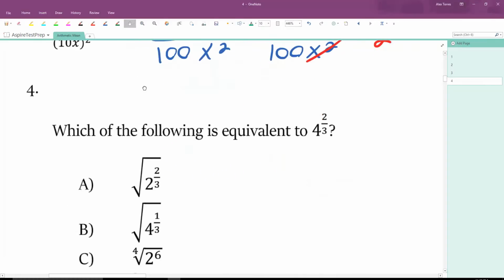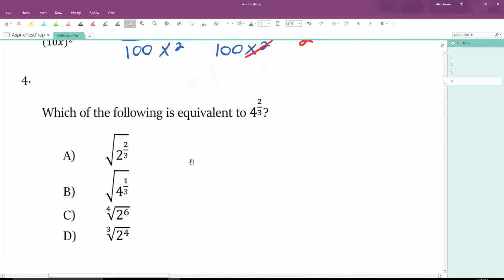Going on to number 4, which of the following is equivalent to 4 to the 2/3? So what we want to know here is that if we have the b root of a to the c power, that translates over, if you put it into a fractional exponent, as a to the c over b power.